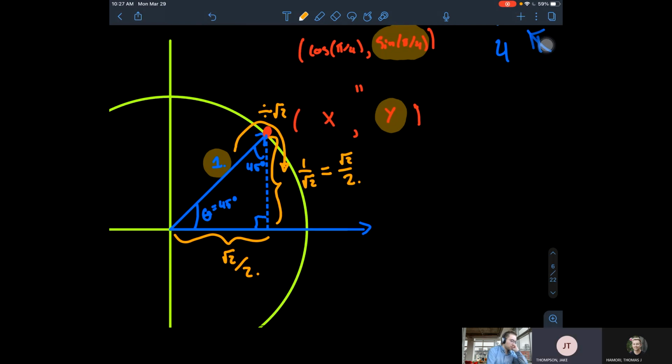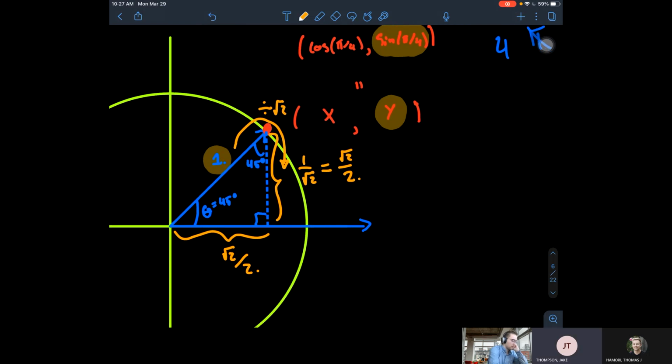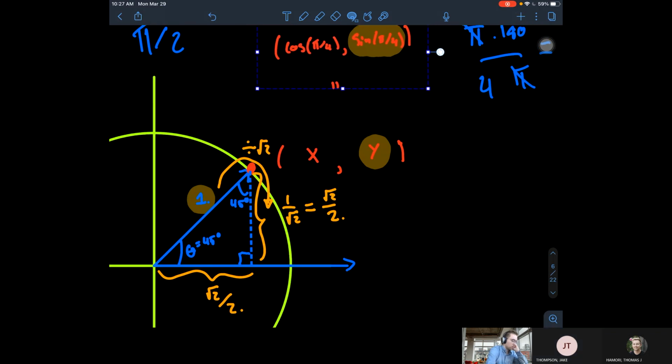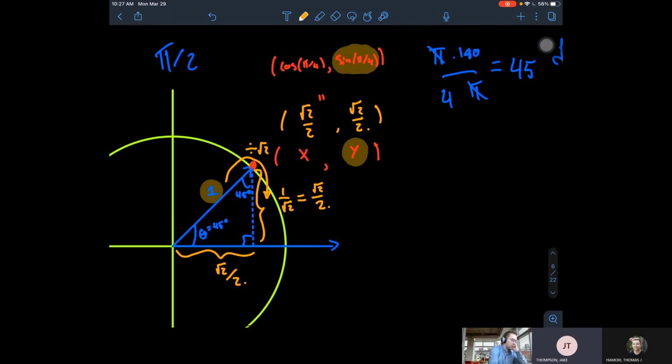Okay. So, what are the coordinates x comma y of this point? They're both the same, square root of 2 over 2. So what is sine of pi over 4? Wouldn't it be the square root of 2 over 2? Exactly. It's going to be this y coordinate, right?